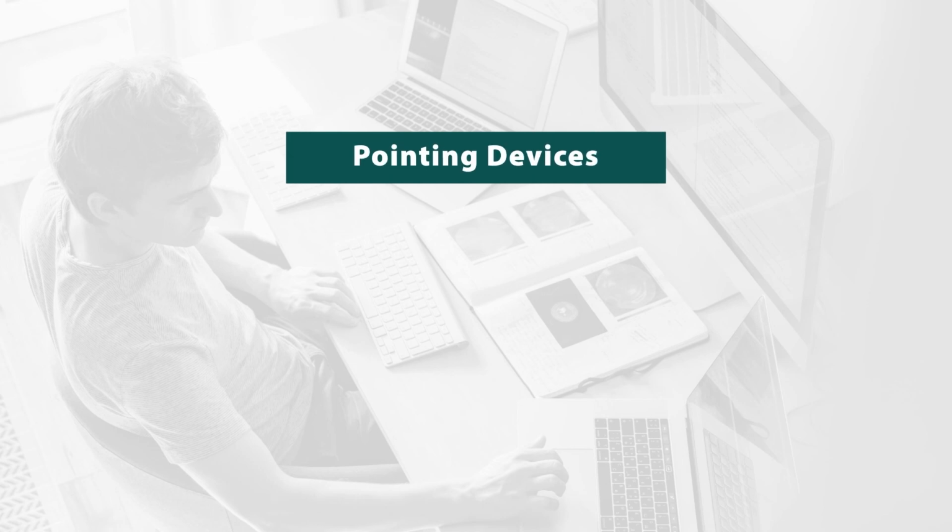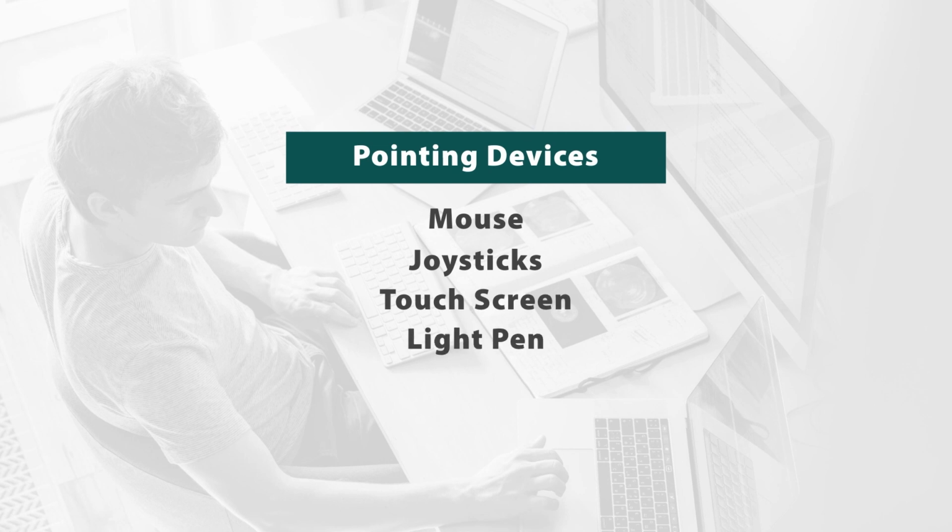And obviously the mouse is very commonly used as an input device, but it is also used as a pointing device. For gaming applications, one more input or pointing device is known as the joystick. Our touch screen also comes into the category of pointing devices, and so does the light pen, which can be used for highlighting some section of the screen, pointing to certain locations, or underlining certain sections on the screen.